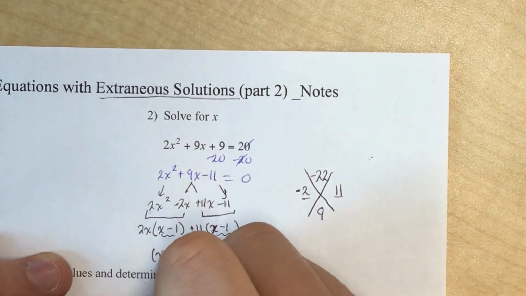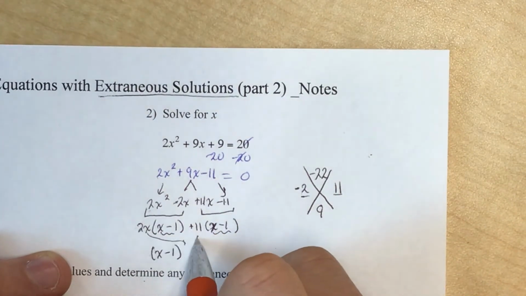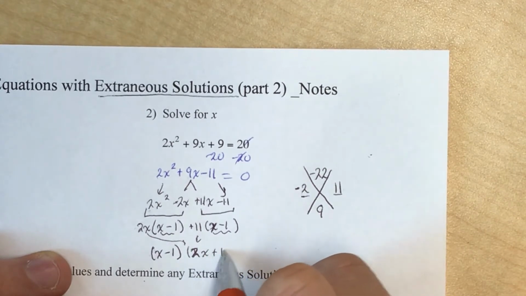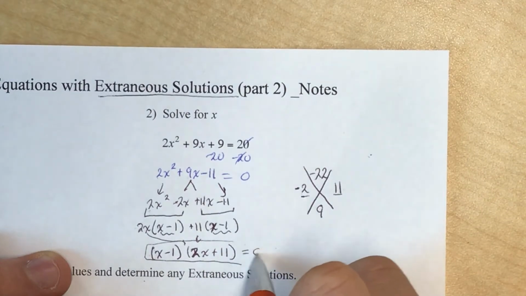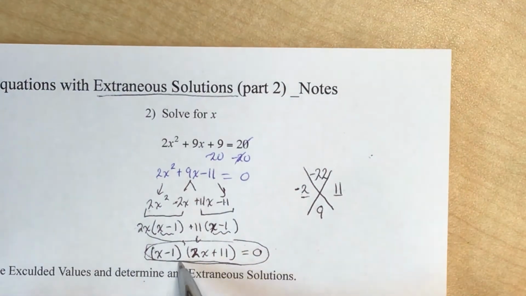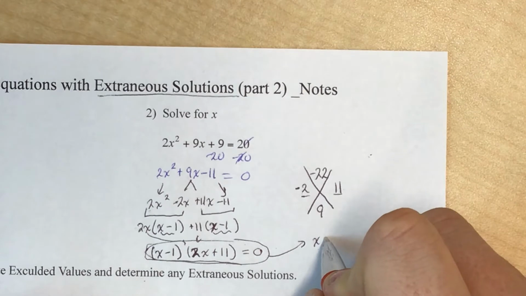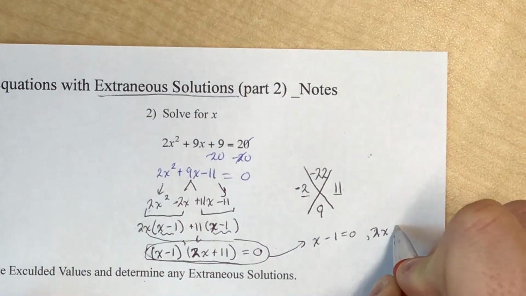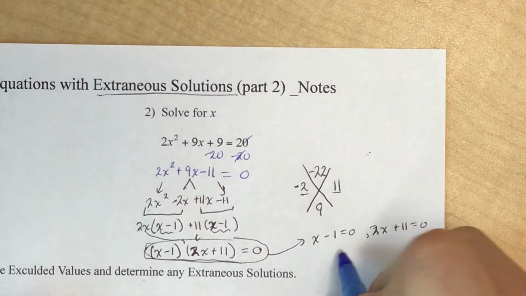And so now our two factors are x minus 1 and the remainder of what we have left over, 2x plus 11. Now that's just the equation that's equal to 0. I circled this. I probably shouldn't have circled it, just to make sure we are still solving for the zeros. So if we have x minus 1 equals 0 and 2x plus 11 equals 0, we're going to solve each of these to find our solutions.